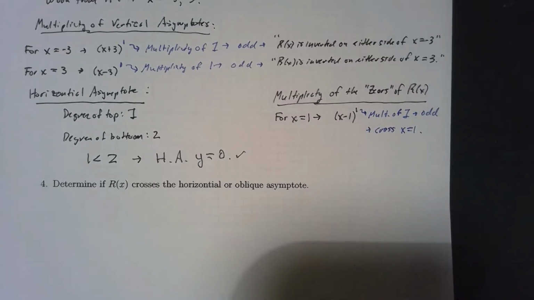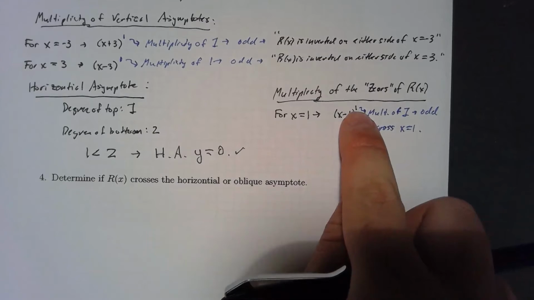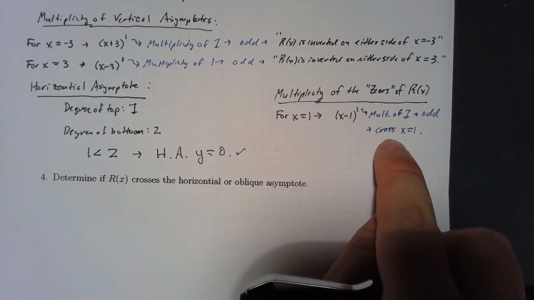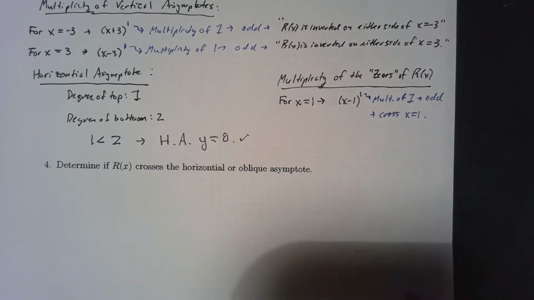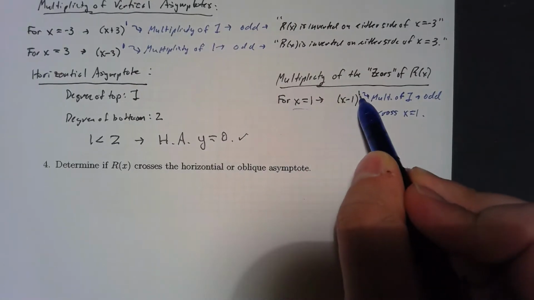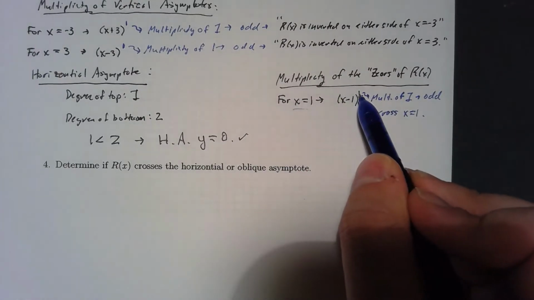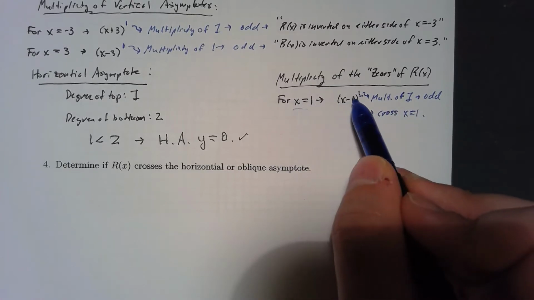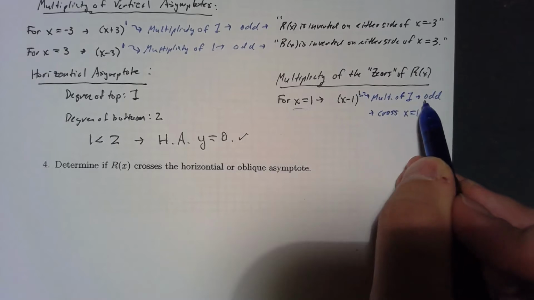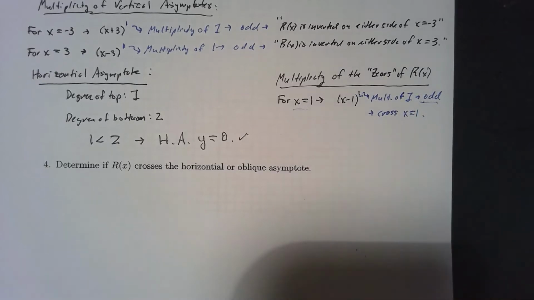If it was an even multiplicity, it would touch the x-axis at x equals 1. Don't confuse this one for that one. This one is just telling you it's crossing x equals 1 because 1 itself is odd. Okay?